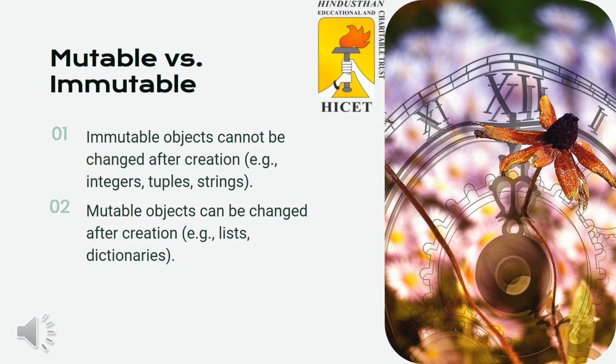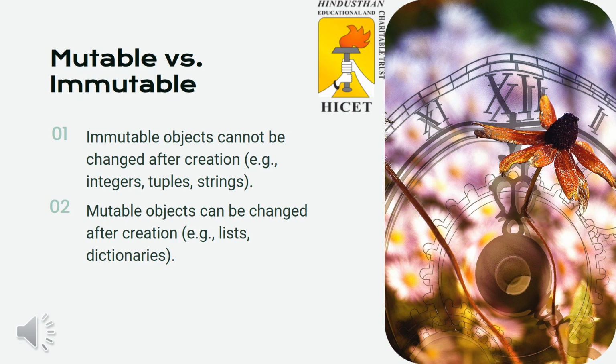So the next words are mutable and immutable. While going through our data types, we came across the words mutable and immutable. So what is mutable and what is immutable? Mutable are objects which can be changed after creation. That is, the elements or the values inside the type can be changed after it is created, then it is called mutable. The mutable data types are list and dictionary. It can be changed any time, right?